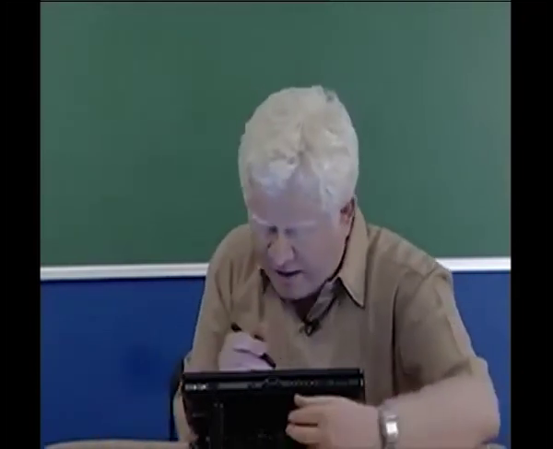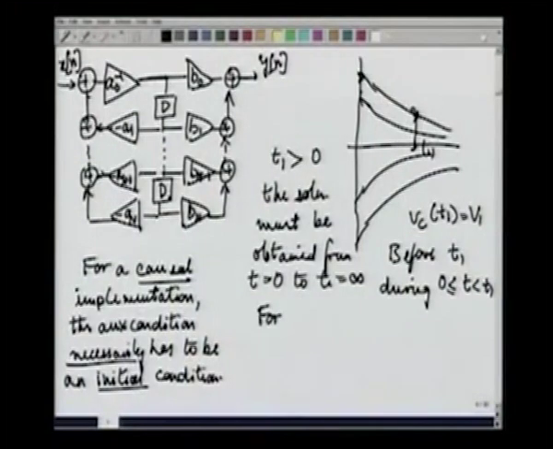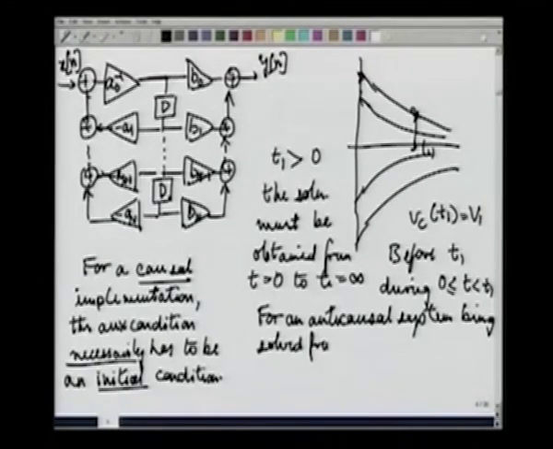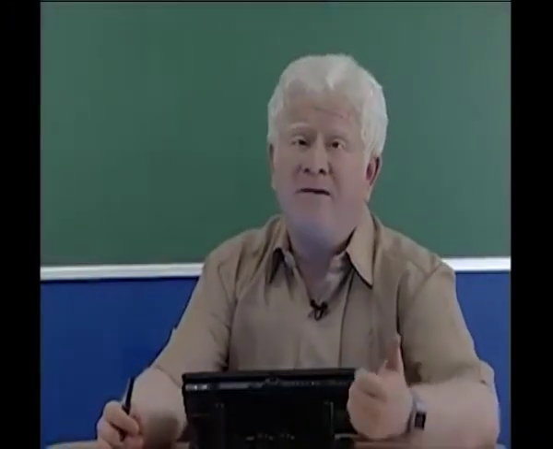In fact, I can say things the other way around for an anti-causal system. For an anti-causal system being solved from t tending to minus infinity to t equal to 0, an anti-causal system cannot look at the past, it can only look at the future.